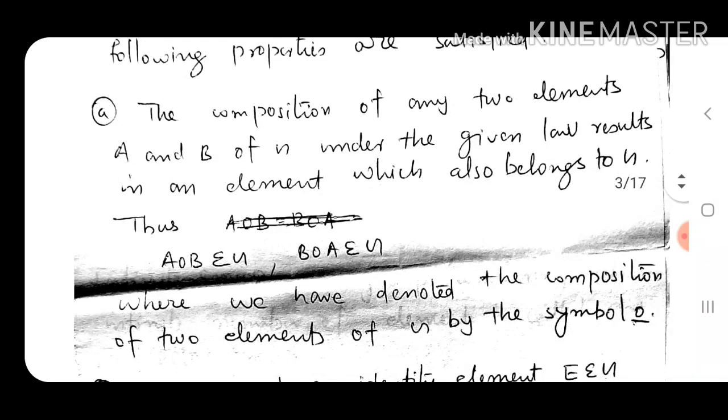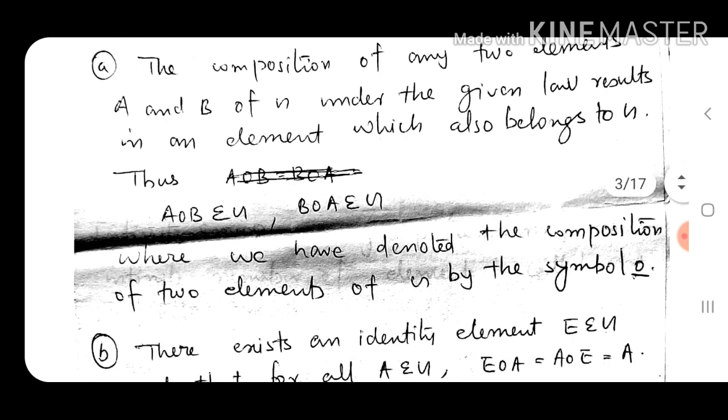The first one is the closure property, that is, if you take any two elements in the group and combine them, A composition B or B composition A, that should give an element in the same group.